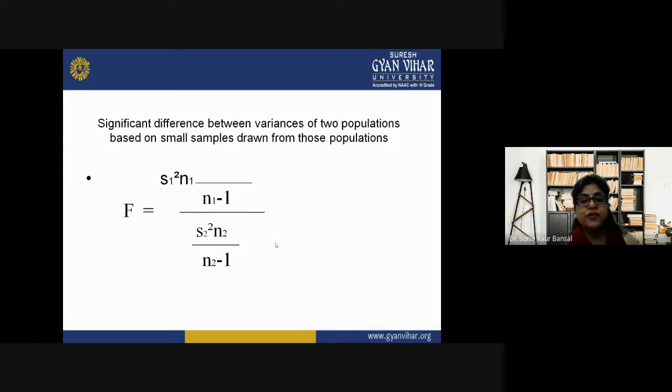Now, the significant difference between variances of 2 populations based on small samples drawn from those populations: F equals S1 squared over S2 squared, with N1 minus 1 and N2 minus 1 degrees of freedom.